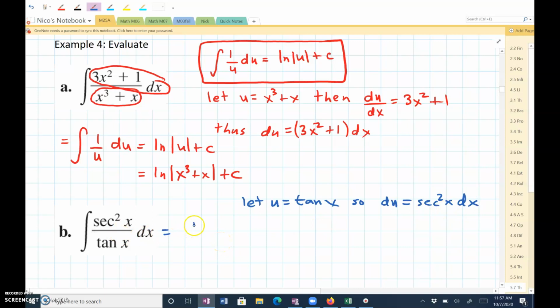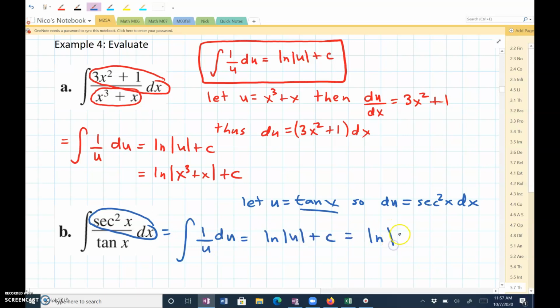So now, this equals du, so I can make this 1 du, and tangent of x, that's u. So now we can apply the rule, the natural log of the absolute value of u plus c, where u is tangent of x plus c. So don't forget to plug that u back in when it's an indefinite integral.